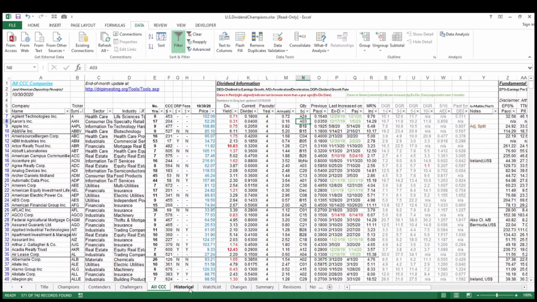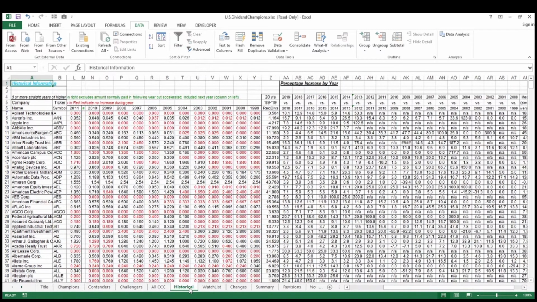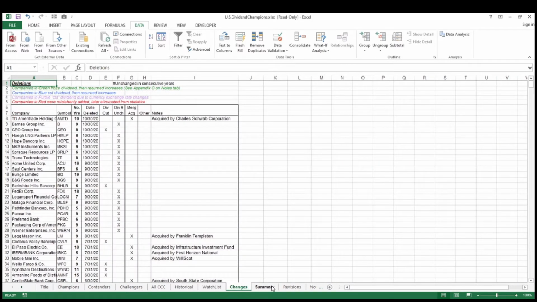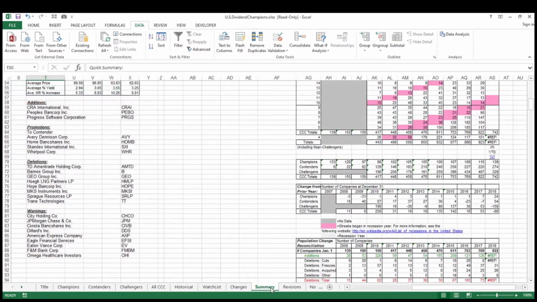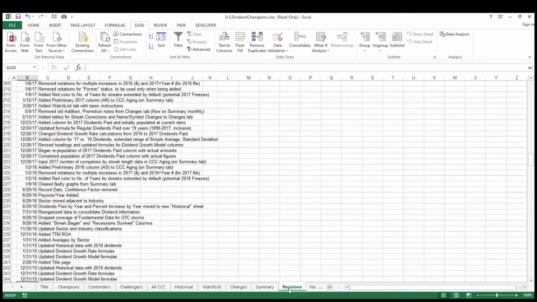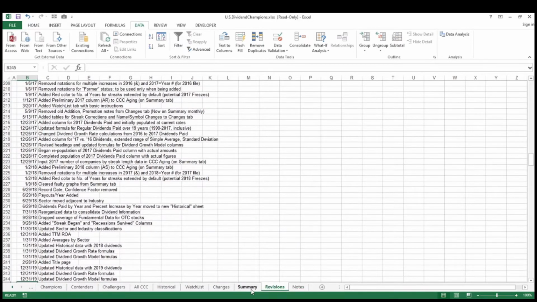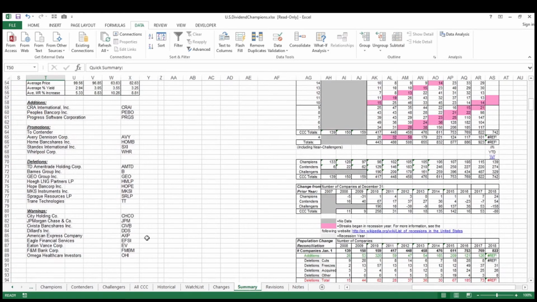And for you financial nerds, if you want to really dig deep into all the facts and figures, there's so much stuff in here that you can look at, and you can see what changed. There are revisions, and there's a place where you can see what fell off, for example deletions.